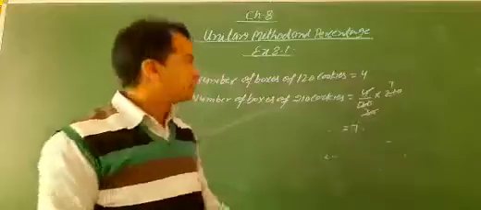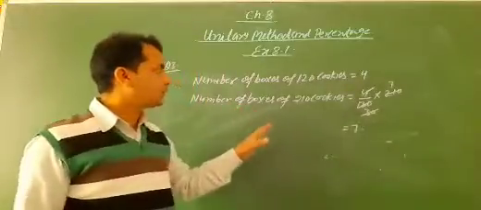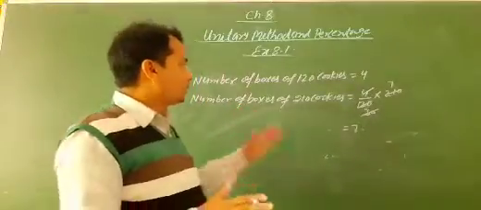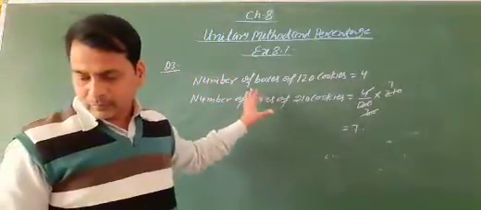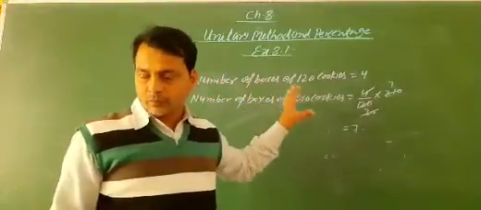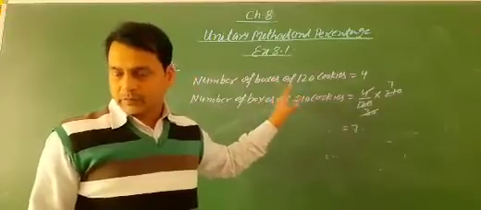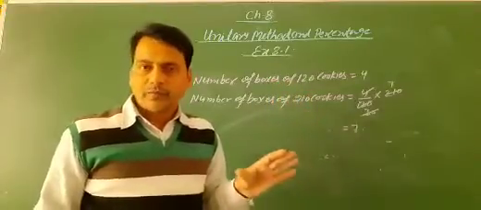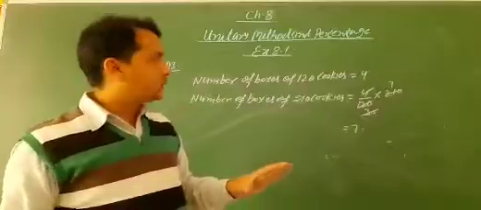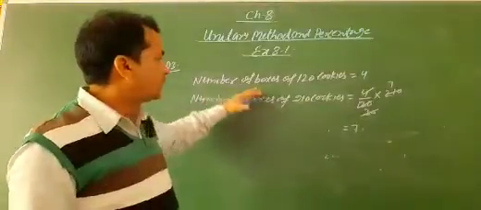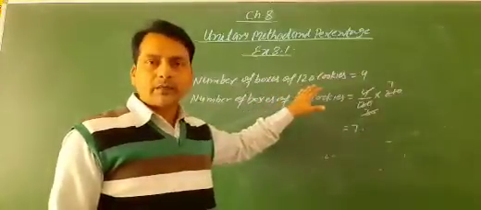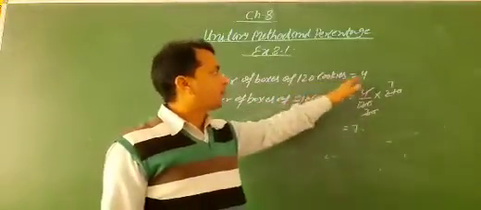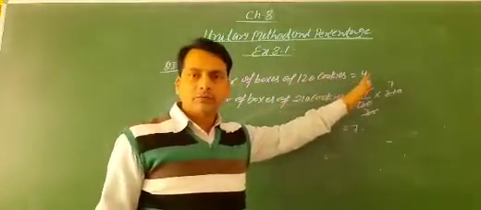So it is clear that according to this question, 4 boxes are needed to pack 120 cookies. So how many boxes will be needed for 210 cookies? The first statement of this question is that the number of boxes of 120 cookies is equal to 4.